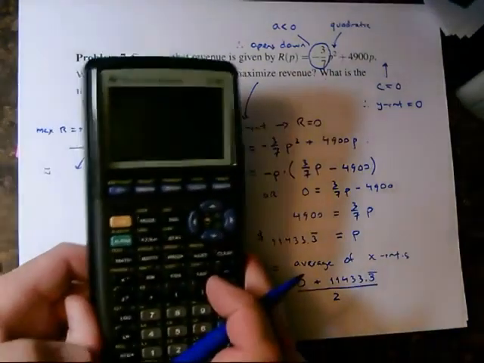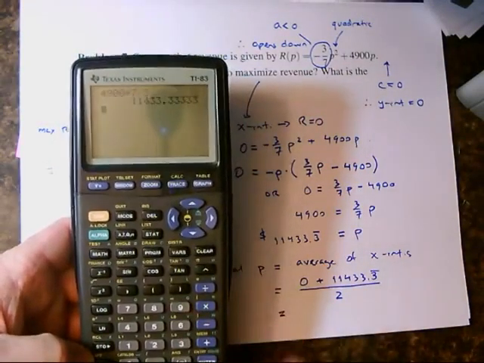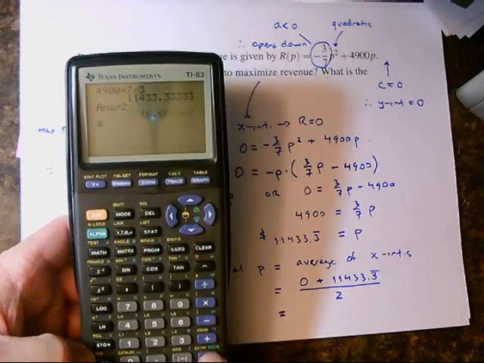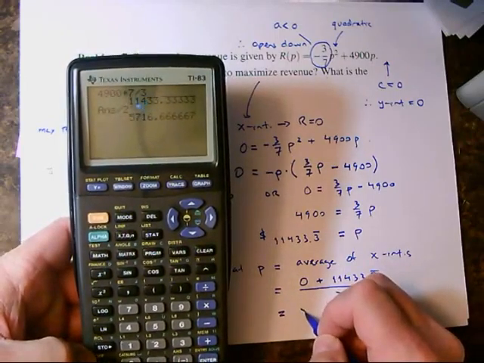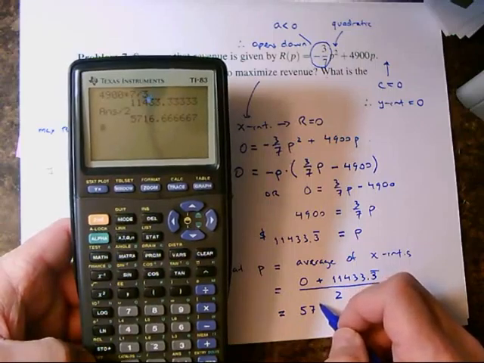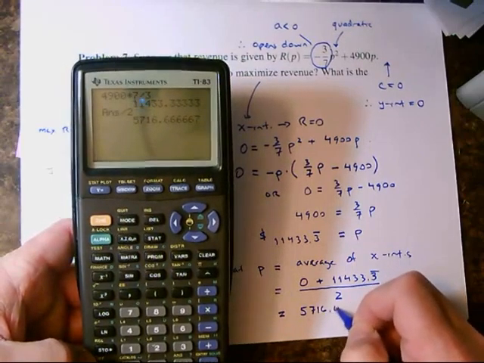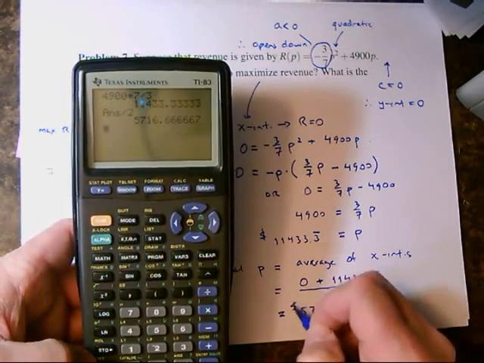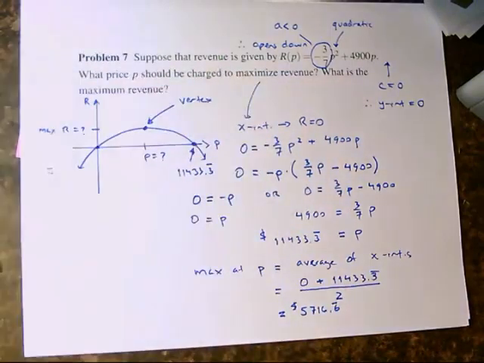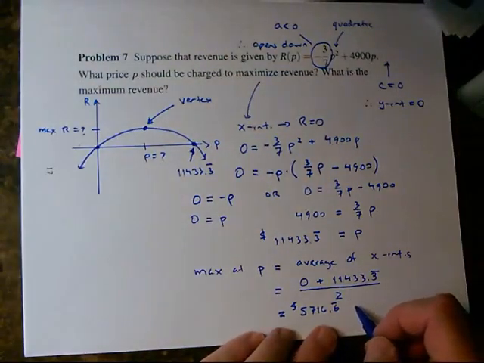That means I can simply take the number that I've got in the display of my calculator and divide it by 2. 5716.66 with 6's repeating forever. So that answers the first question.